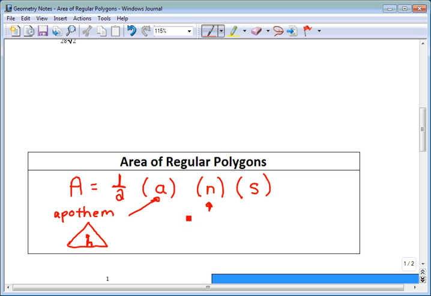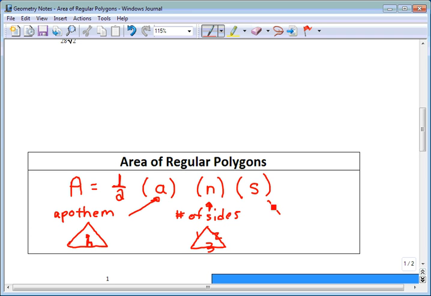Okay, N, just like in previous equations, stands for the number of sides. So that's relatively easy. If we continue using our example of an equilateral triangle, well, all triangles have 1, 2, 3 sides. So in this case, N equals 3.